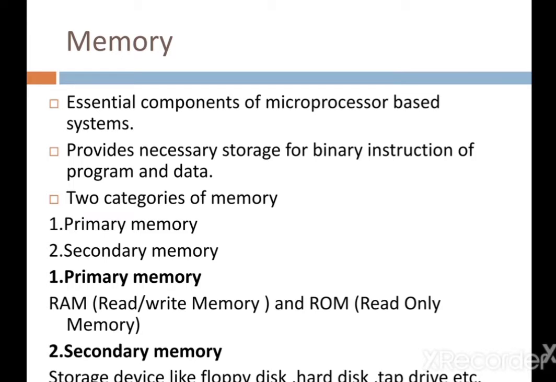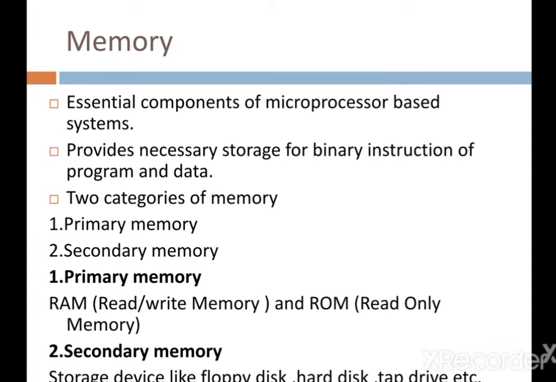First, what is memory? The memory is an essential component of a microprocessor based system. Memory provides necessary storage for binary instructions of programs and data. Two categories of memory: primary memory and secondary memory. As primary memory, RAM and ROM are used.